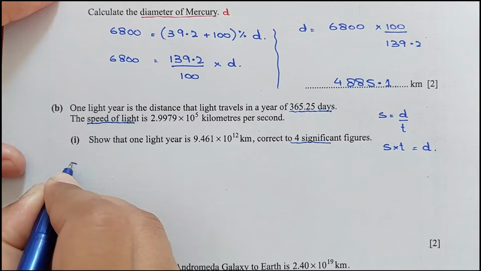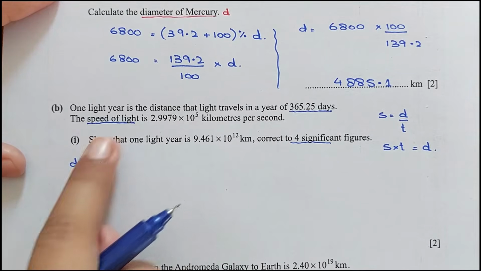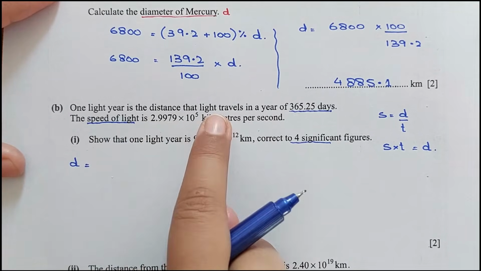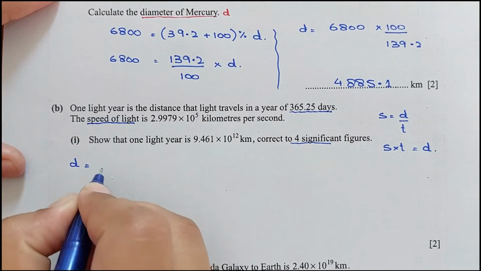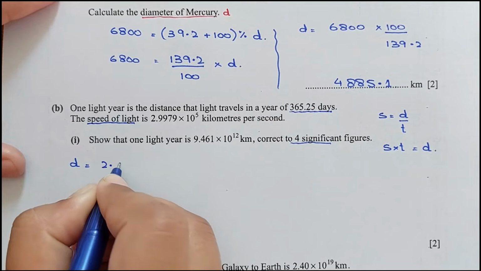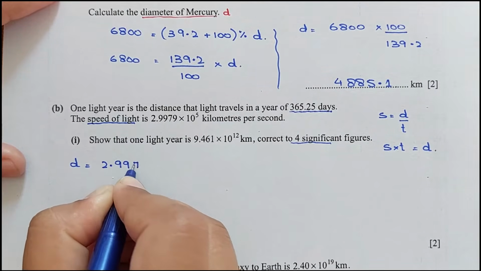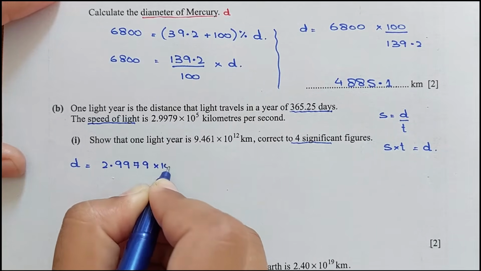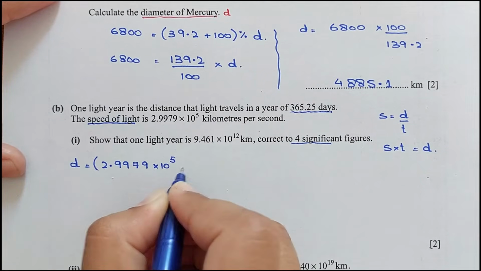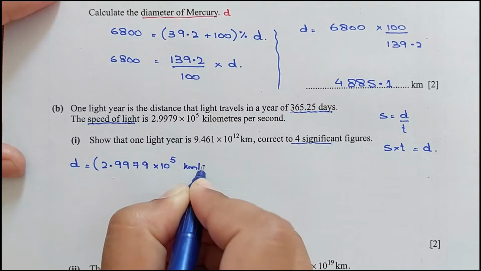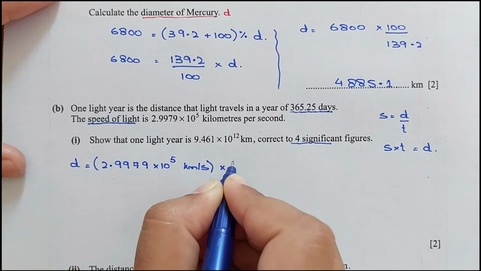So 1 light year, or the distance that the light travels in a year, is, speed is going to be 2.9979 multiplied by 10 to the power 5. This is in kilometers per second. Multiply by the time.